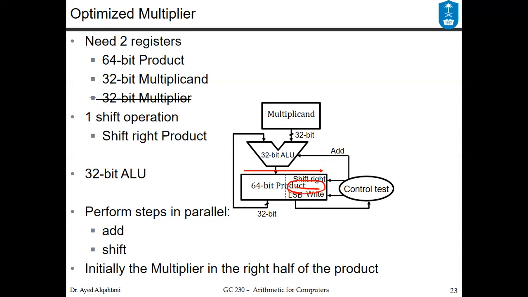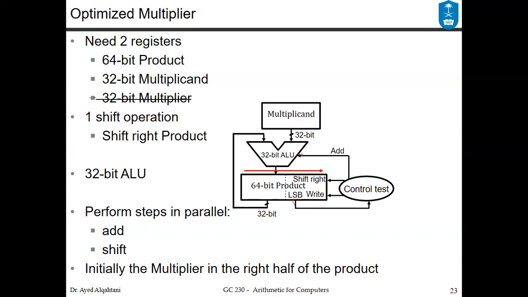And every time you get the multiplier bit out, based on this least significant bit that goes out from here, it tells the control what to do for other hardware parts. Notice that nothing is shifted in the multiplicand, so it's stationary.